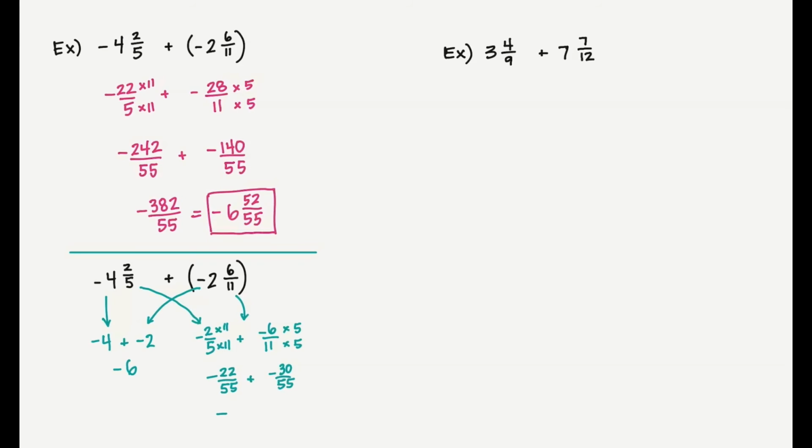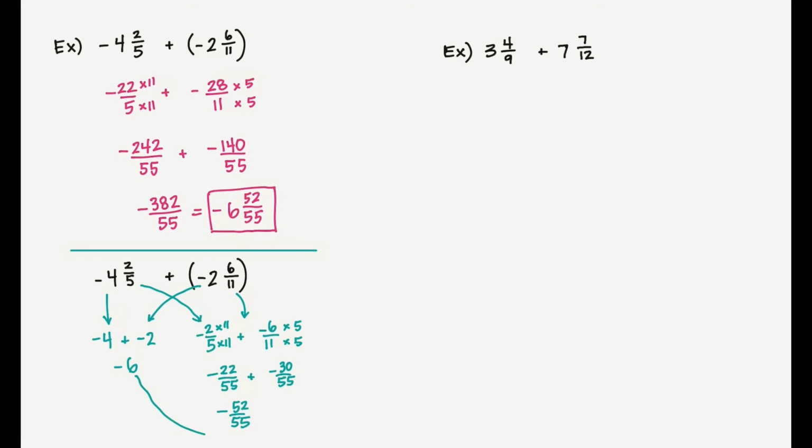Together, they add up to negative 52 over 55. And now when I combine that with the negative 6, my final answer is negative 6 and 52 over 55. So again, it's completely up to you which method you want to use.